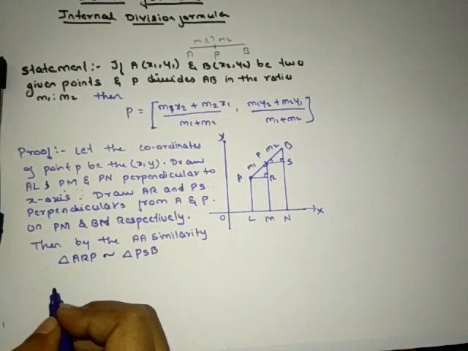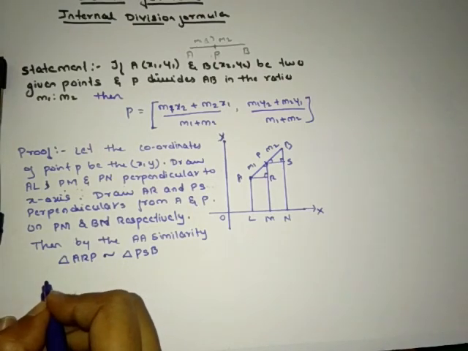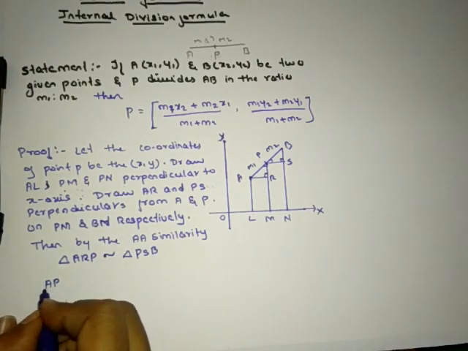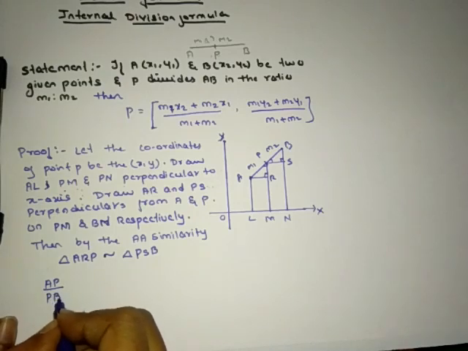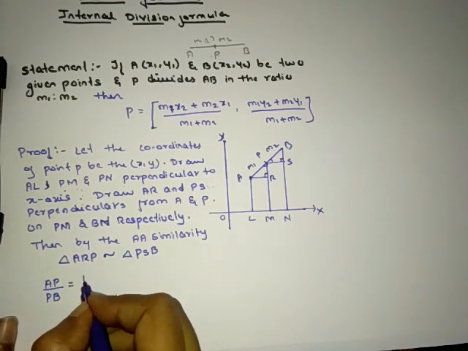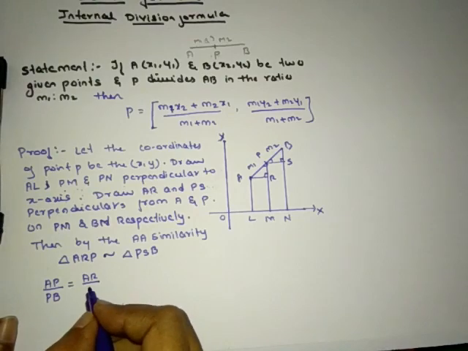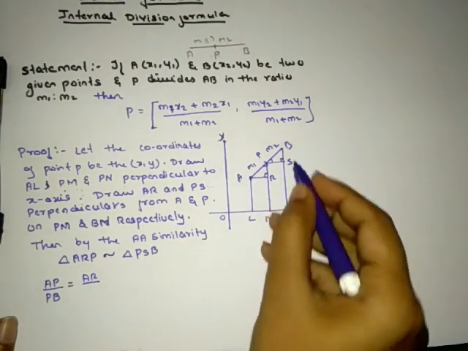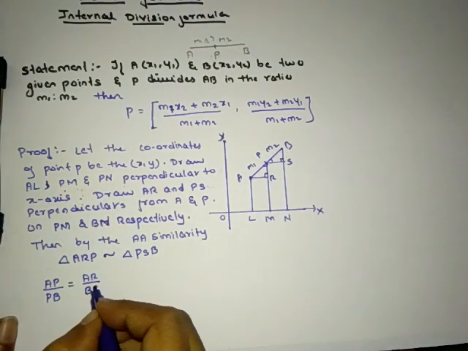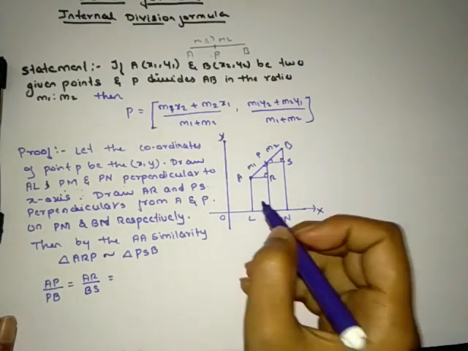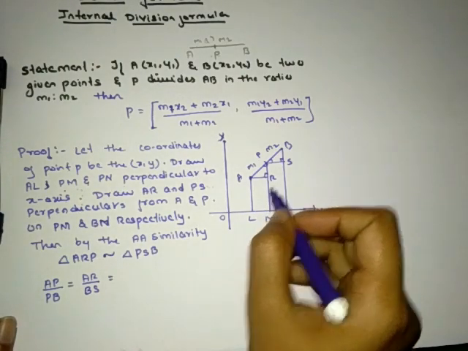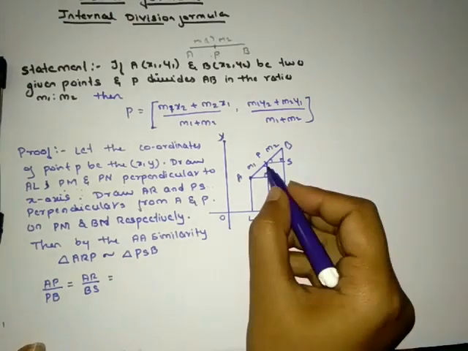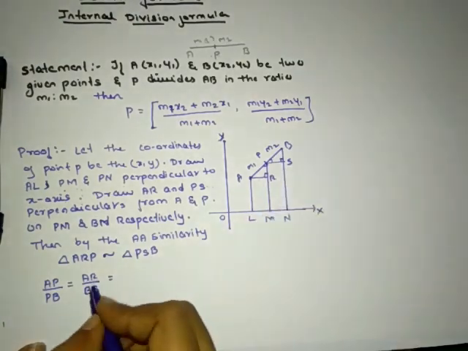Then we'll write that their corresponding sides are in the same ratio, that is AP divided by PB is equal to AR divided by PS, equal to PR divided by BS. This is PS, not BS, it is PS.